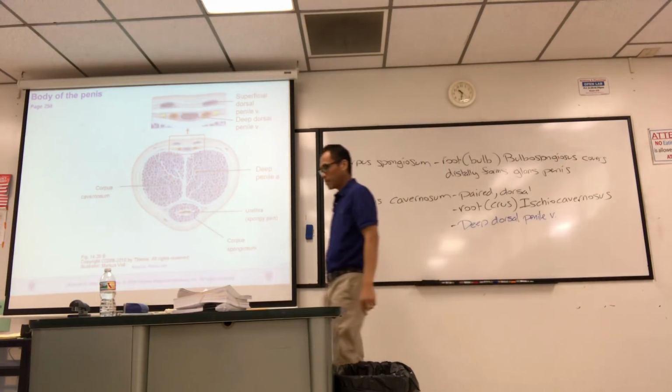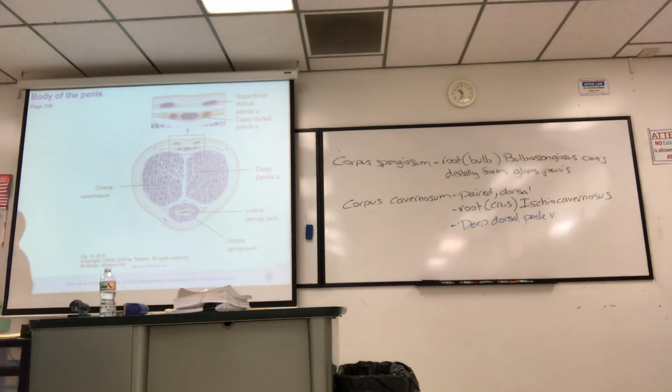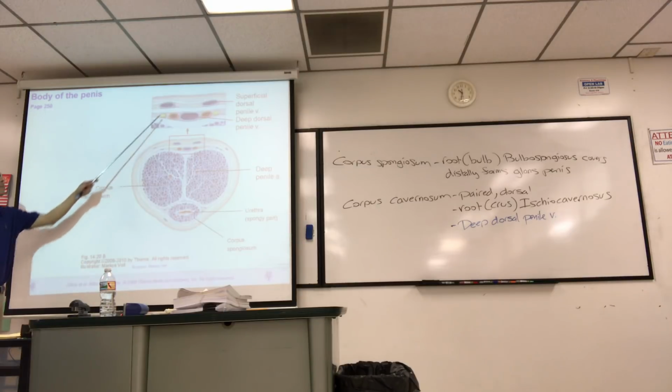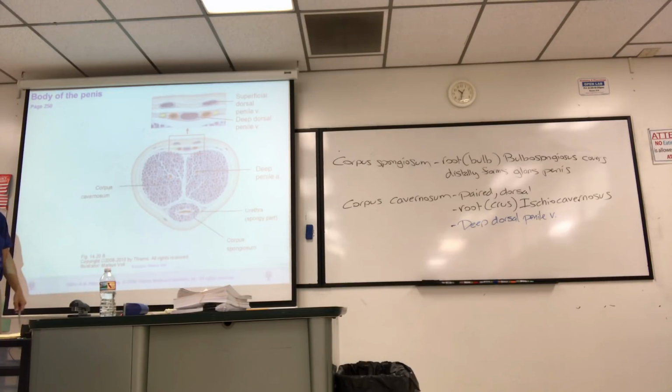Well, there's other ones there, but that one's on a lot of our models, so we'll be able to identify that. And well, those are the veins on top up here. When these become engorged with blood, these collapse. It helps prevent blood from leaving, basically trapping blood in the penis to help maintain an erection.